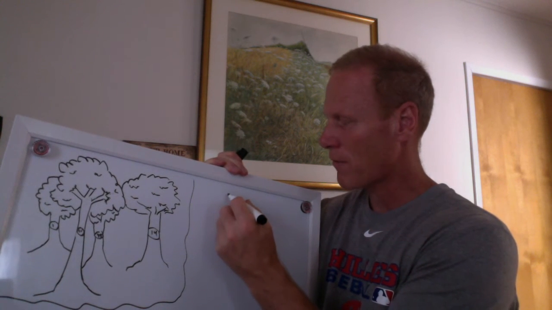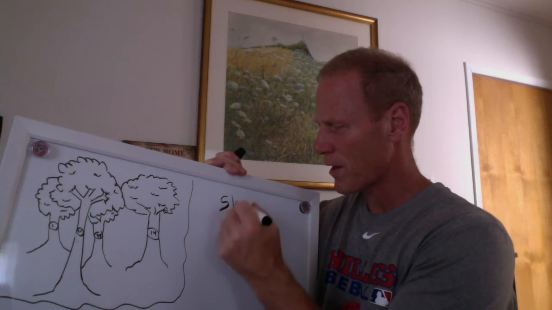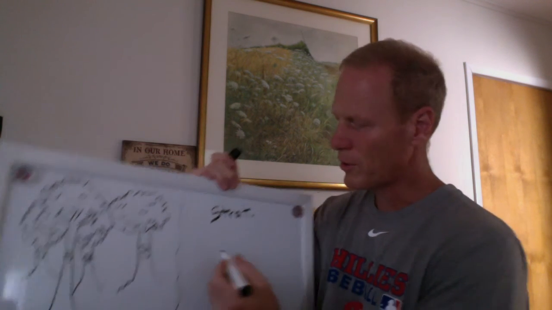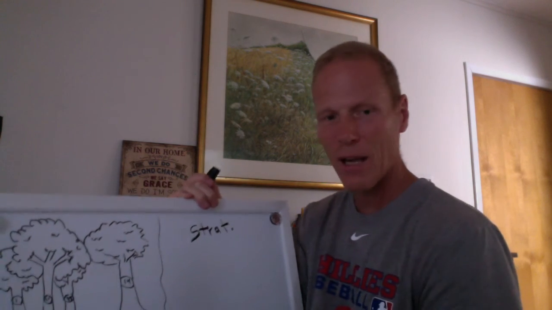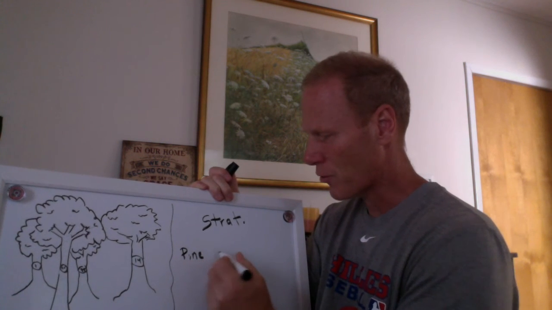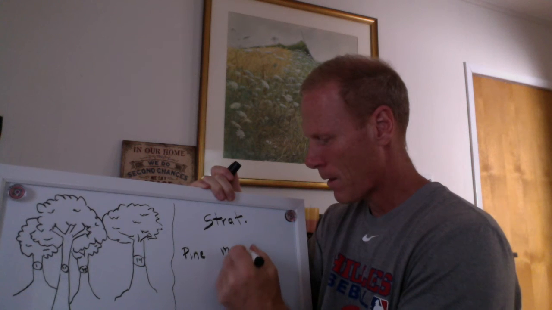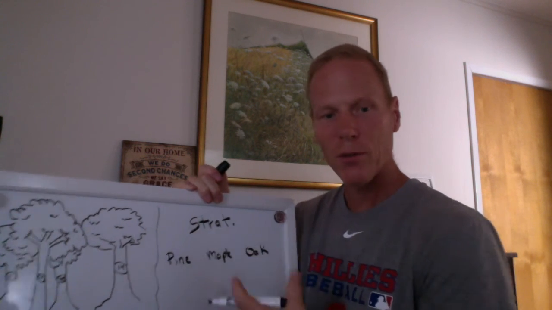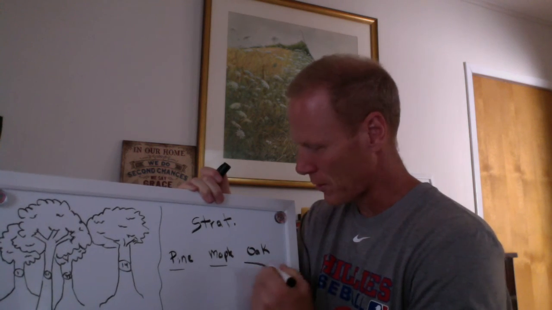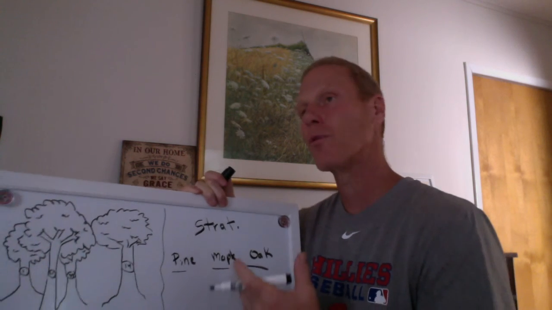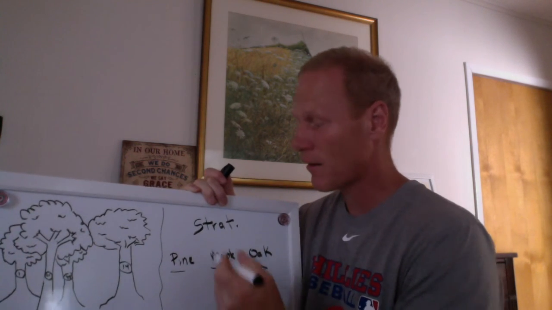So let's talk about stratifying first. I have my entire population, and say they share some characteristic. In this case, let's say I have pine trees, maple and oak. What I do is first break them into these groups, called strata. That's what strata means: they share some characteristic.